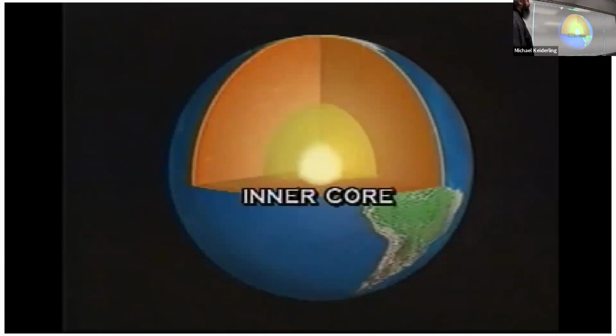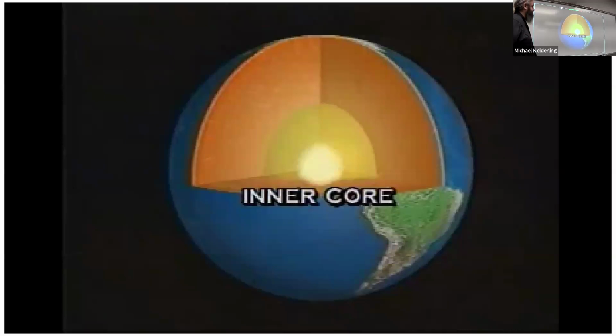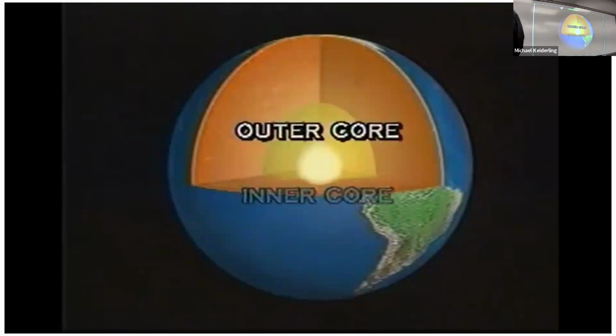It is thought to be a solid metal ball, about 750 miles, or 1,200 kilometers, thick. This center core is under extreme pressure and is believed to be at least 5,000 degrees Fahrenheit, or 2,760 degrees Celsius. Surrounding the inner core is the outer core.